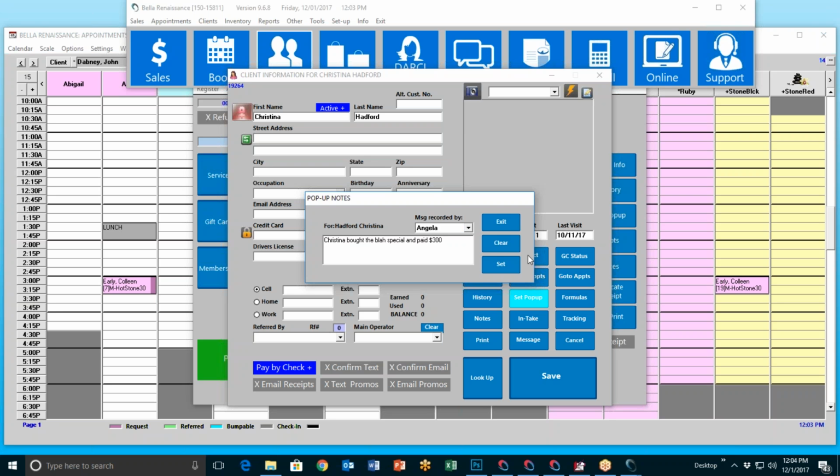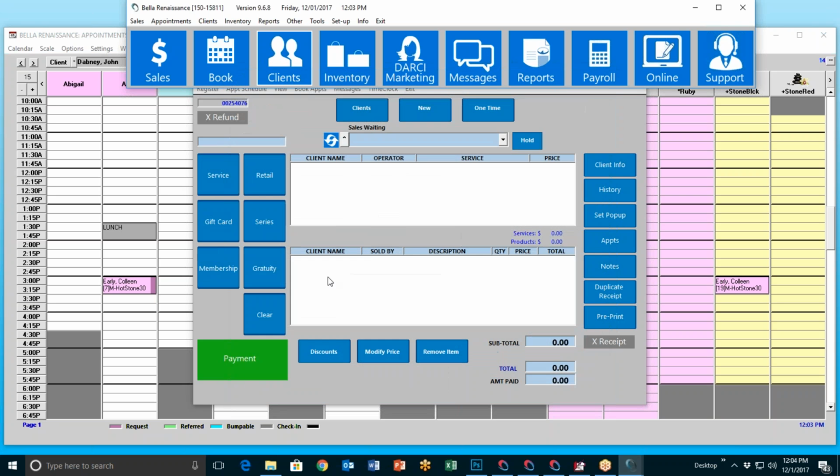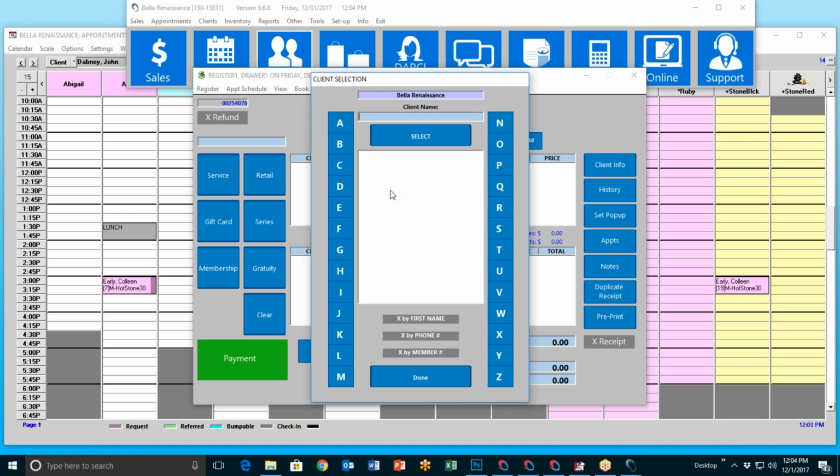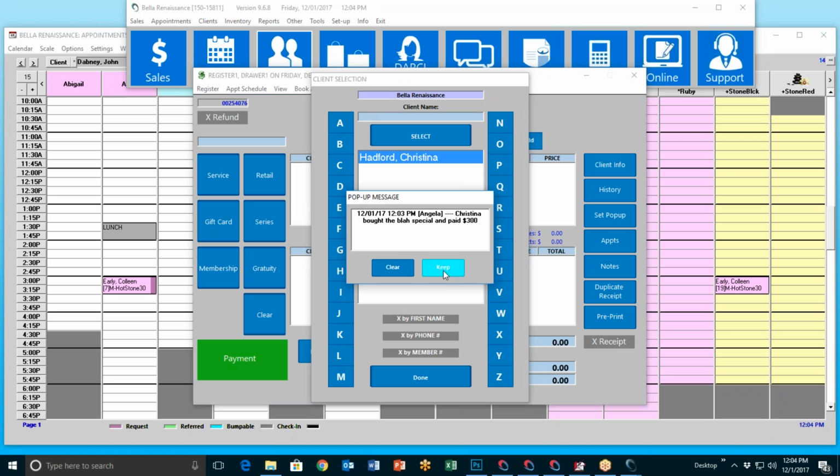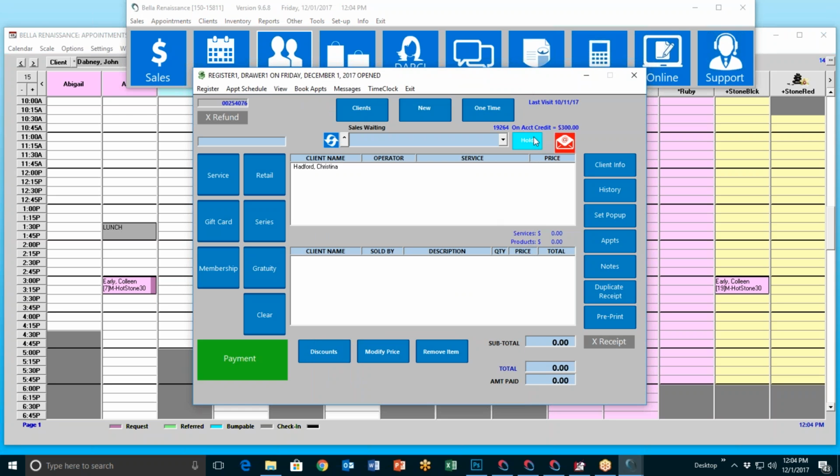So whatever my message is, and set. Okay, so a week later, 2 weeks later, a month later, whatever, she actually does come back in. And she's buying product. Aha, Christina bought the blah special and paid $300. Good to know. She's got an on-account credit of $300.